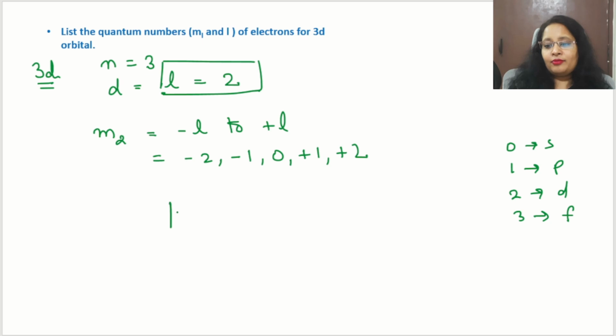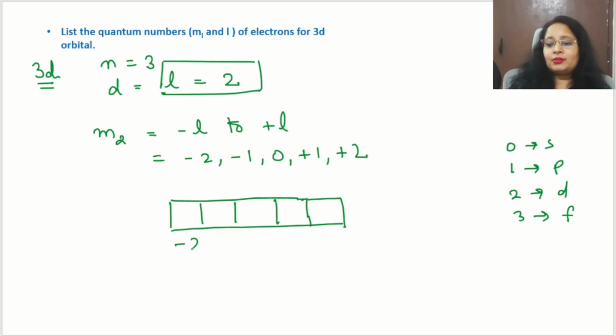Again if we draw it, 5 parts, 5 orbitals, because d has 5 orbitals. The value of each orbital is minus 2, minus 1, 0, plus 1 and plus 2. The second part is also finished, very easy.